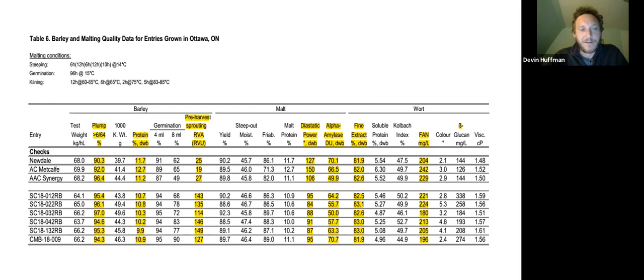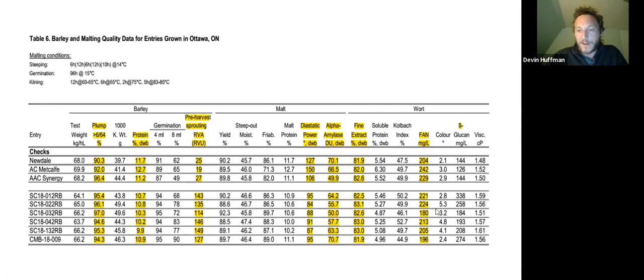So the higher the number, the better performance, the better process efficiency we get. All those European varieties are out-competing. AC Synergy has a really good reputation for high yielding, but it's also highly susceptible to pre-harvest sprouts, so we've never really pursued that.